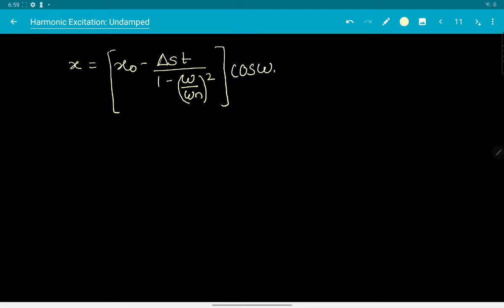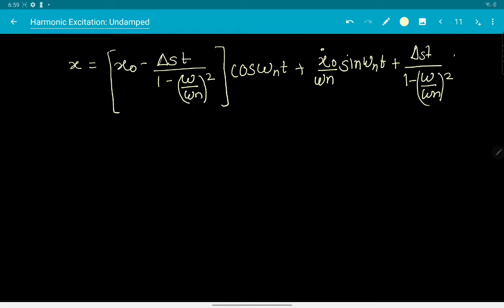So the first term in that expression had a time dependence of cosine omega t. The other term was x dot 0 divided by omega n into sine of omega n t, plus delta st divided by 1 minus (omega by omega n) squared into cosine of omega t, where omega is the frequency of applied forcing.